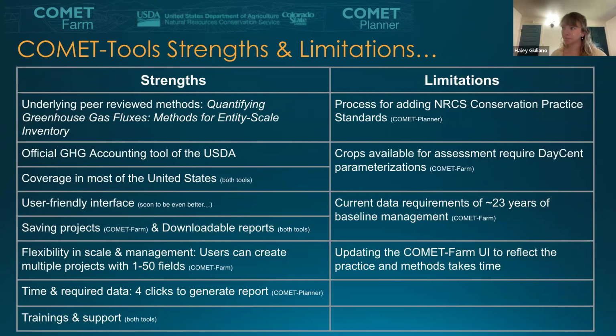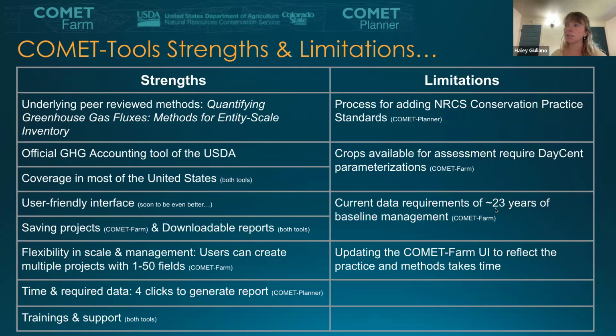With COMET Farm, there is a hefty list of crops that are available for accounting in the tool, but it does rely on the DayCent model, which we'll talk about in a few slides, for soil carbon and direct N2O emissions. And so for a crop to be included in the tool, it does need to be parameterized in DayCent, which again takes time, money, and a lot of the science.